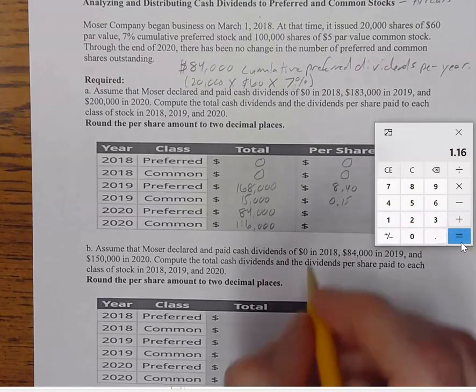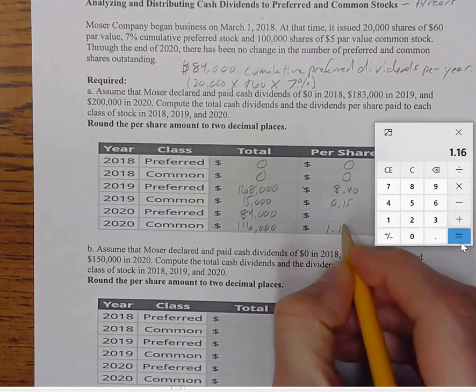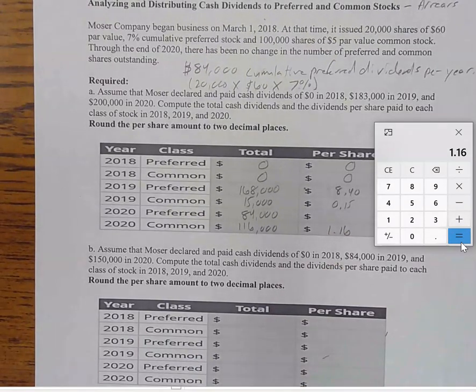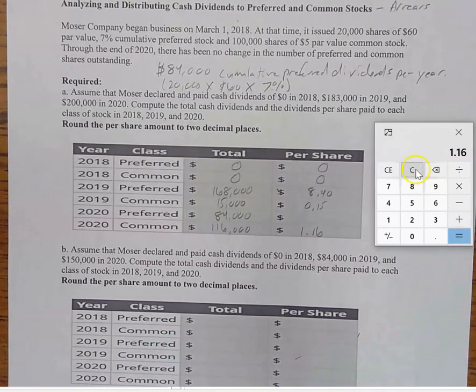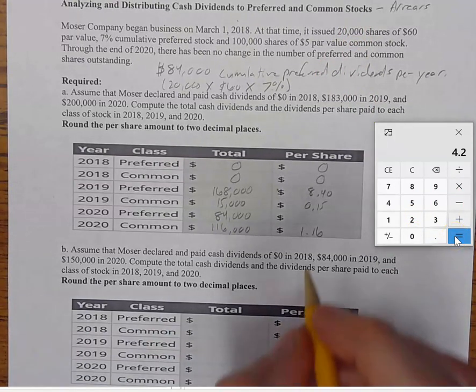So I get $1.16. And over here, we paid out $84,000 based on our formula right here, divided by the same 20,000 shares, gives us $4.20.